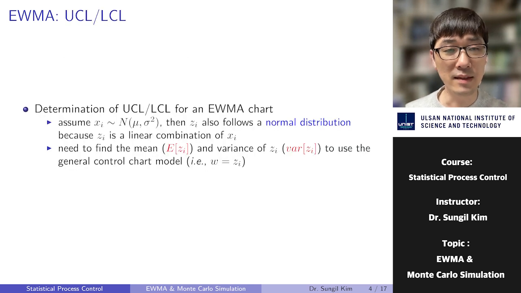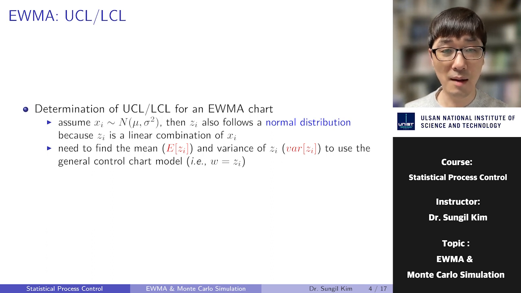We need to determine the control limit for an EWMA chart. Because xi is assumed to follow a normal distribution, its weighted average zi also follows a normal distribution. From the previous lecture, we learned that if we know the mean and variance of zi, we can build a control chart by applying the general control chart model.